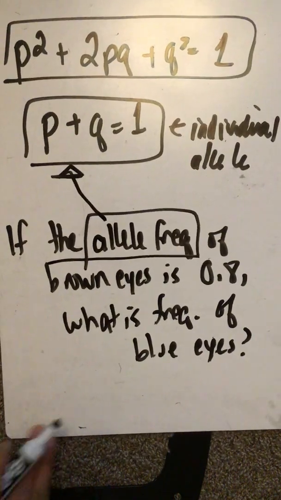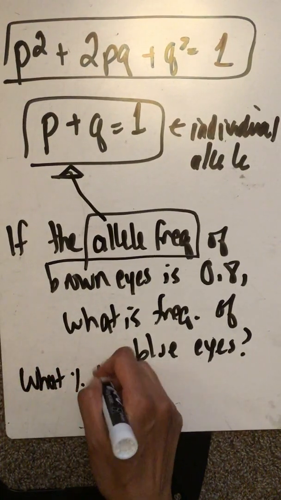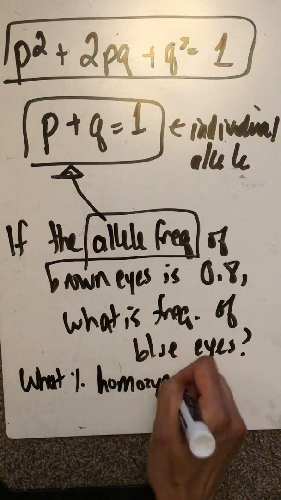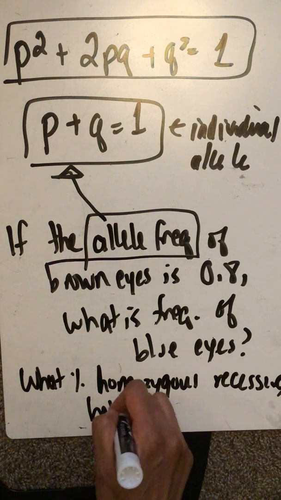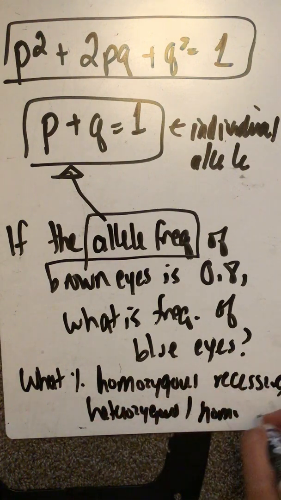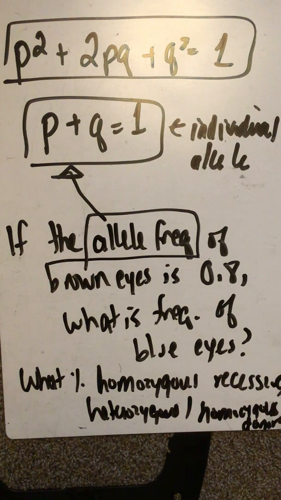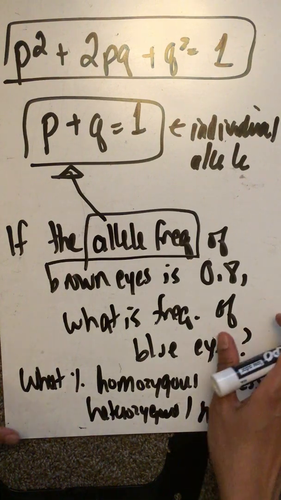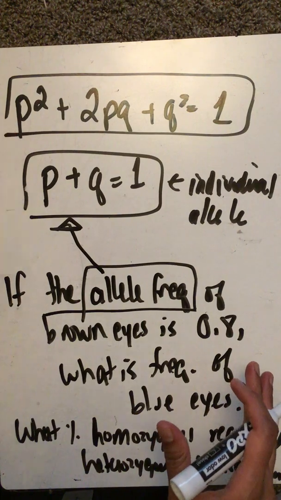And then they can even ask, what percentage is homozygous recessive? Or what percentage is heterozygous? And what percentage is homozygous dominant? So it's really important that we understand what these two equations represent.